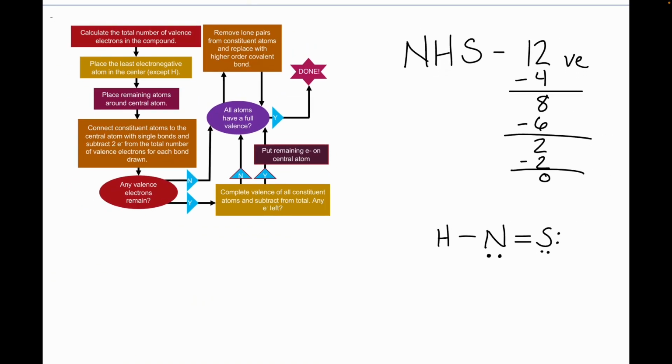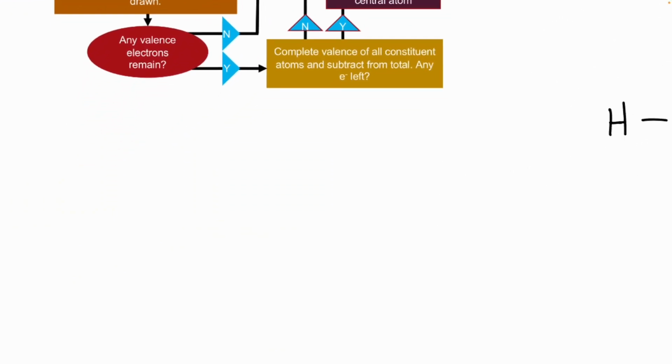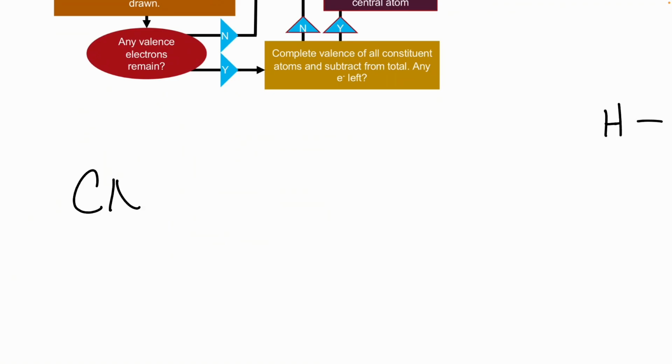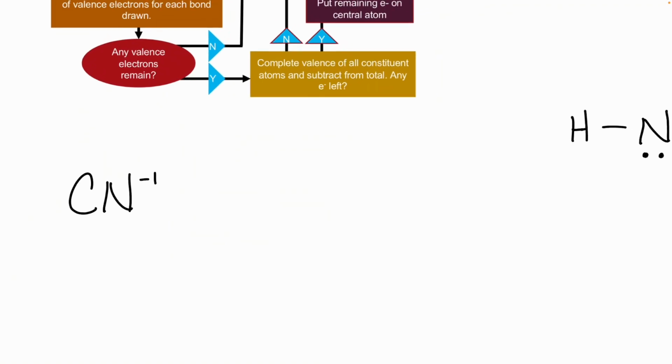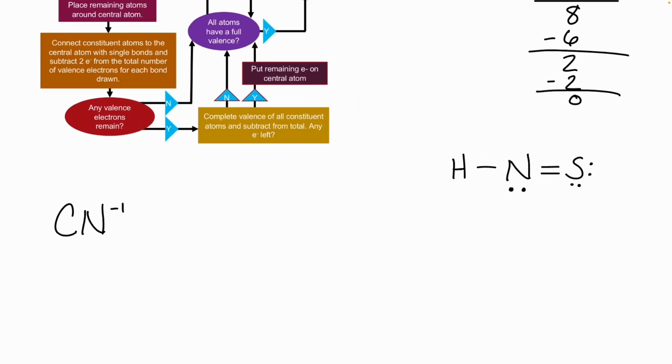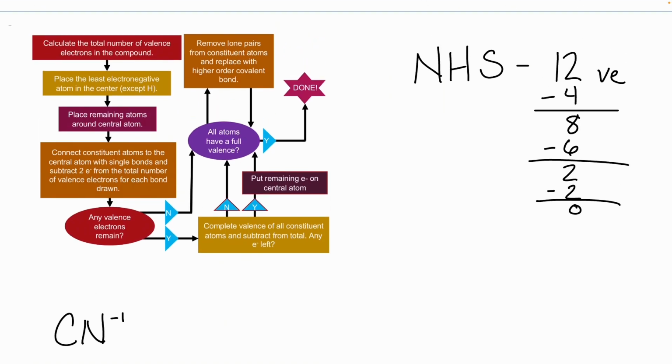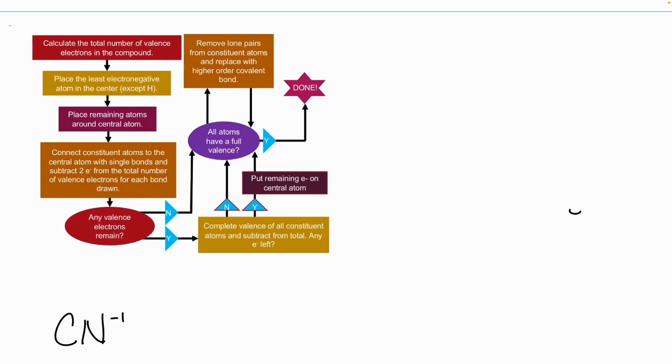Cool. All right, so what if we had a compound formula like CN-1? We got this net charge in our formula here. This net charge means that I have 1 extra electron compared to the amount of protons in here, right?